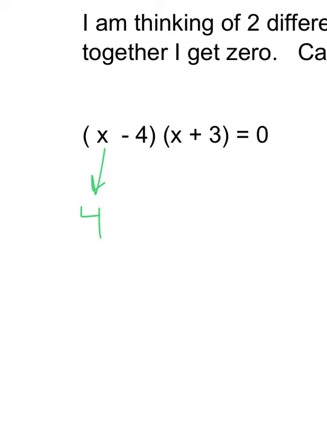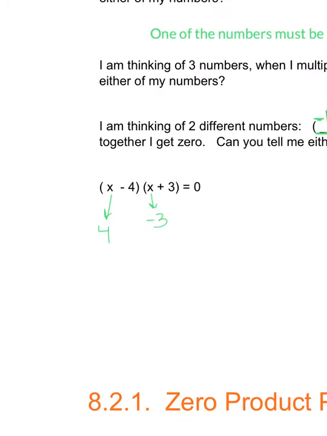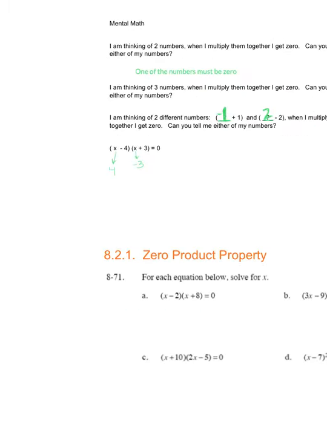And 0 times anything else in here would still equal 0. My other option is -3, because -3 plus 3 is 0, and 0 times anything else is still going to make 0. We're going to be doing this process today, where we factor and solve for x to get 0.